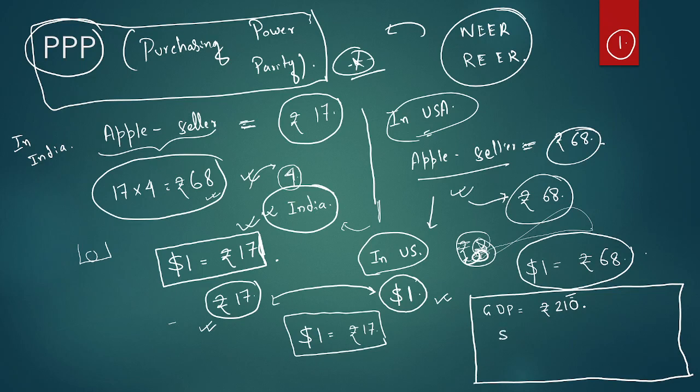The exchange rate, $1, be 70 rupees. If you want to take 68, take it, I have no issues, as this is a continuation of the example. So can we say what the GDP in dollars is?